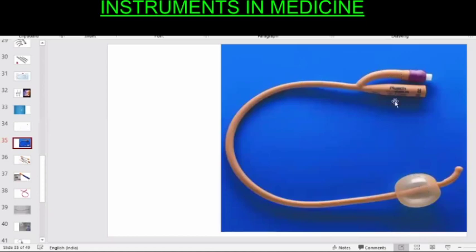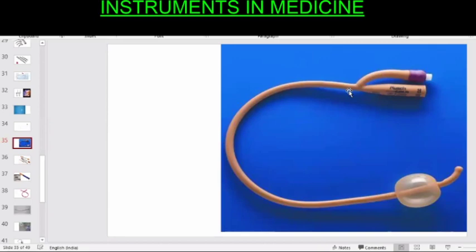But if, as you said, both ways are blocked, both inflow as well as outflow, then you can cut above the level of the valve, or rupture the balloon with a ureteric cannula and guide wire. Either you cut this at the neck so that the blocked tract is bypassed and you can decompress the balloon by cutting at the neck.